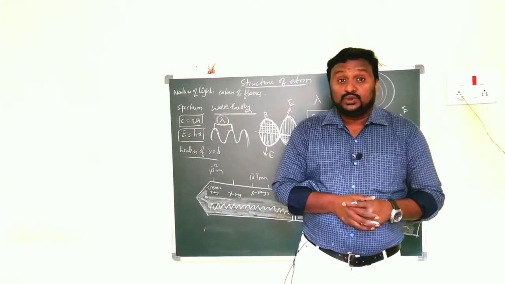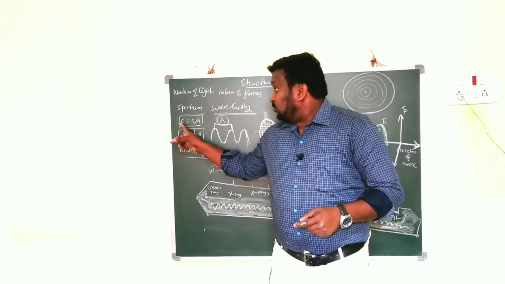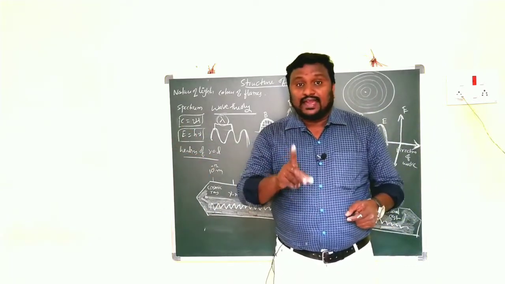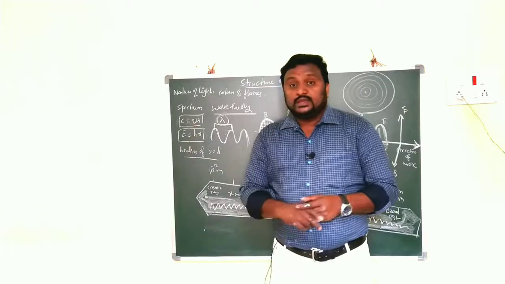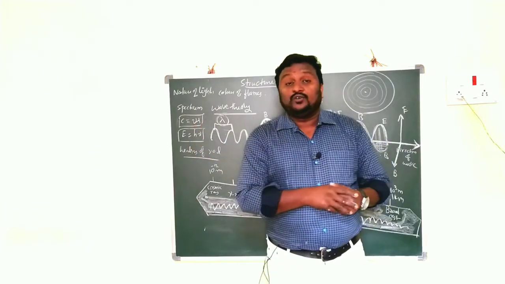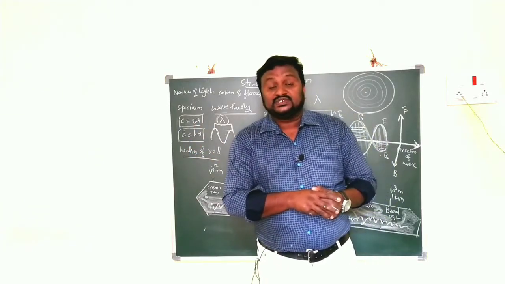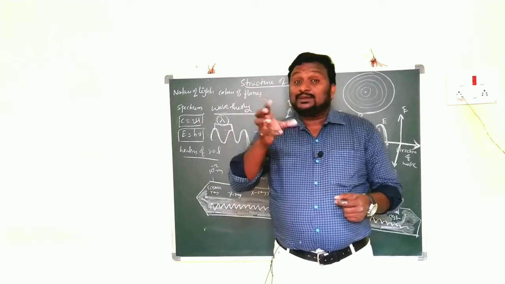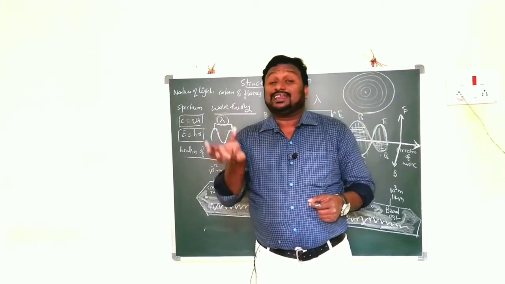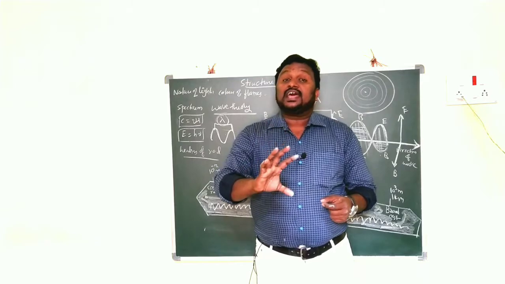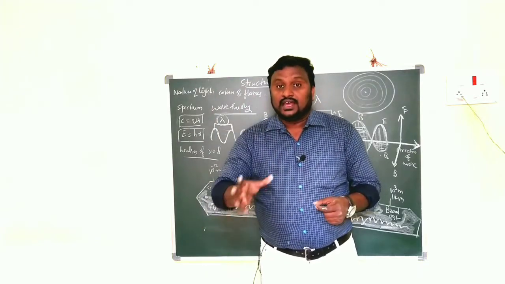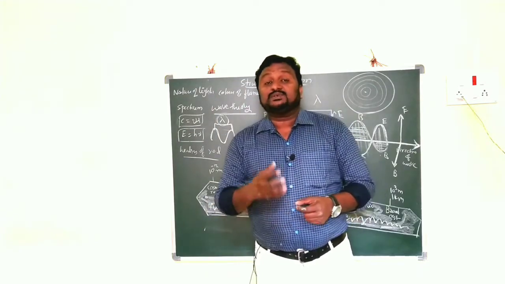C is the velocity of light in vacuum, nu is the frequency, and lambda is the wavelength. In the explanation of the formation of rainbow, I clearly explained that different colors have different wavelengths.